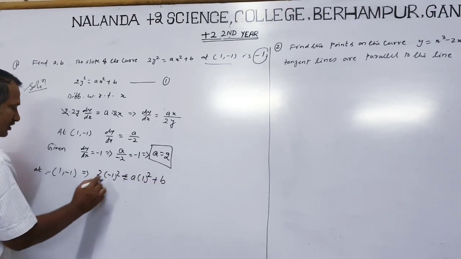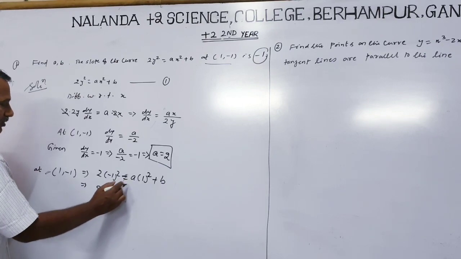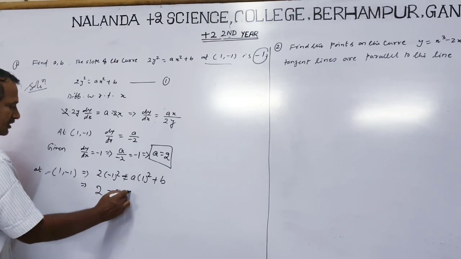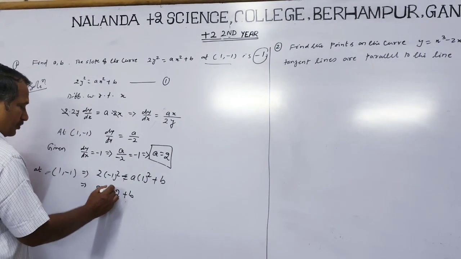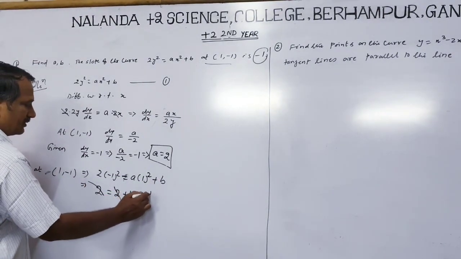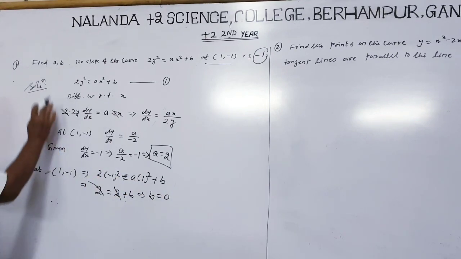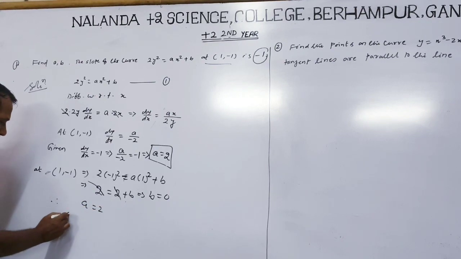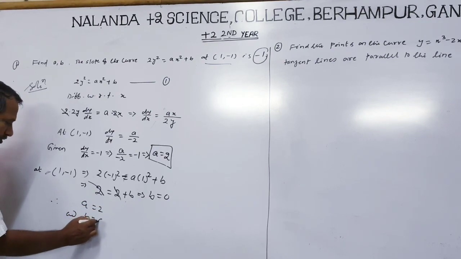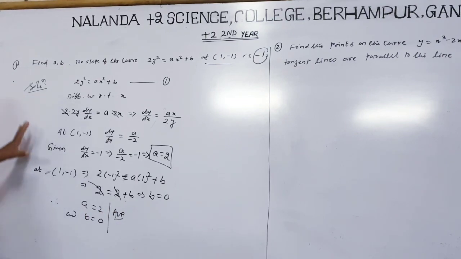With a equal to 2, substituting gives 2 equals 2 plus b. So 2 cancels out, and b equals 0. Therefore, a equals 2 and b equals 0. This is the answer. For 4 marks, this is a 4 marks question.